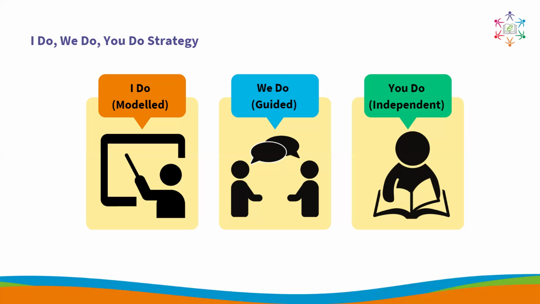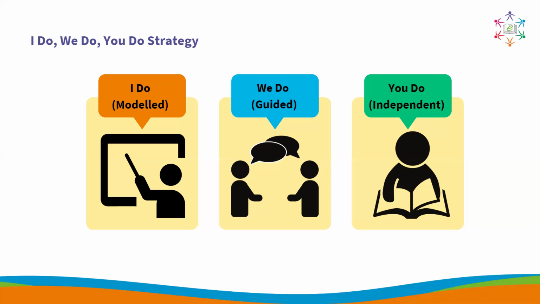Then comes the we do phase, the guided phase, where the teacher and the students work together on a similar problem. The teacher continues to guide students, asking questions and prompting participation. This collaborative approach helps students practice what they have just seen with support. Think of this as a team effort. Then comes the you do phase, where students practice on their own.